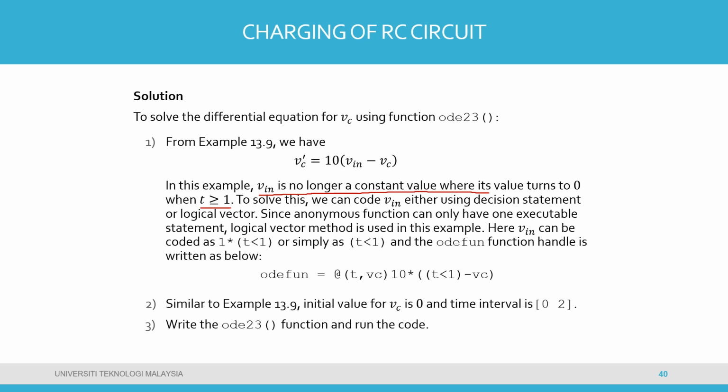To solve this, we can code V in either using a decision statement or a logical vector. So revise back what is the decision statement and the logical vector. Since an anonymous function can only have one executable statement, remember that an anonymous function only can have one statement, a logical vector is used.